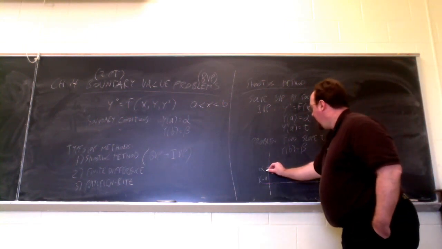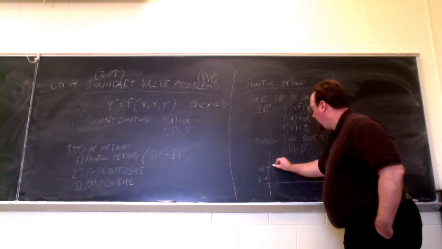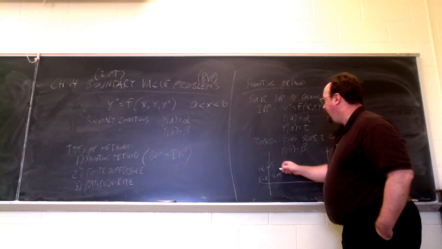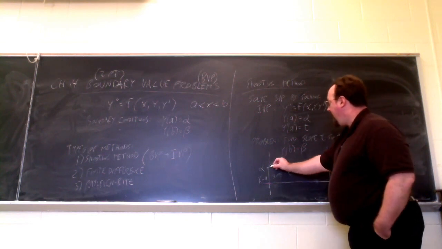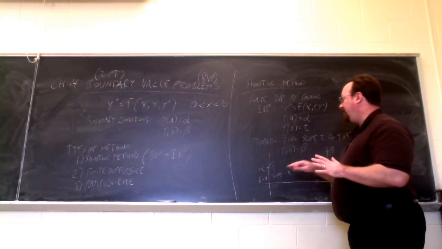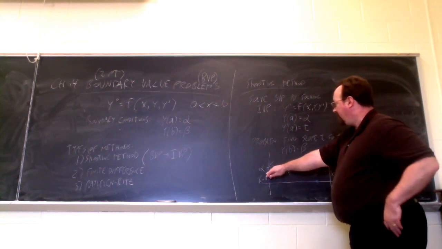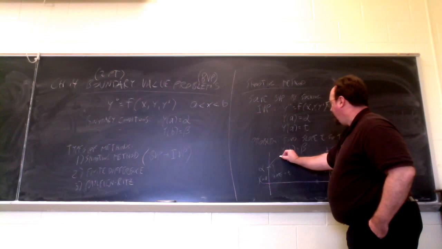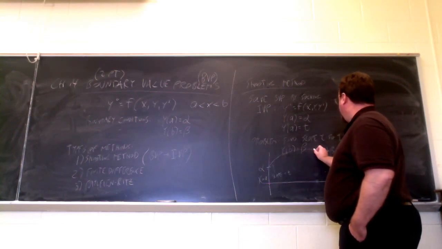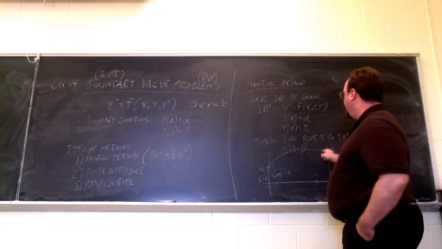So you're trying to find the right slope at x equals a. That slope is t. In other words, you want to find the right trajectory, the right angular slope at which your solution should begin, so that once it gets all the way to the other side, it actually hits b.